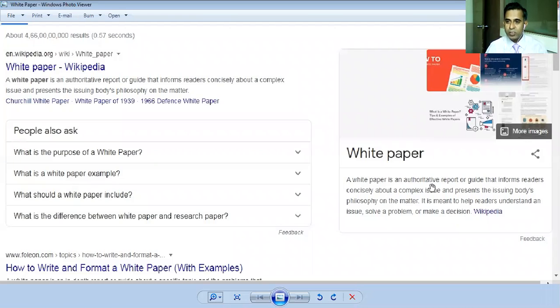PayScale publishes such white papers on a regular basis, and its target audience is commercial organizations or companies who are involved in compensation decisions.